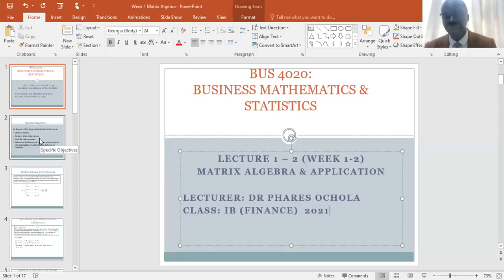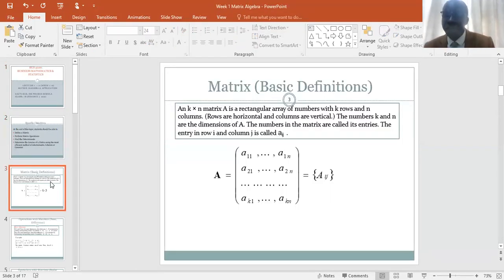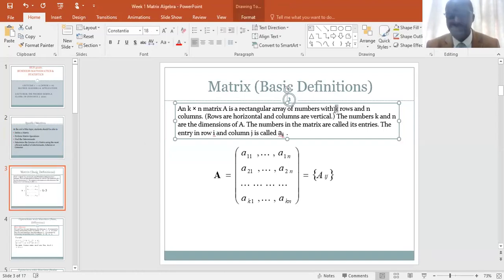So that is the matrix. The simplest definition for a matrix is an array of numbers with k rows and n columns. In fact, the most commonly used number of rows is m rows and n columns.